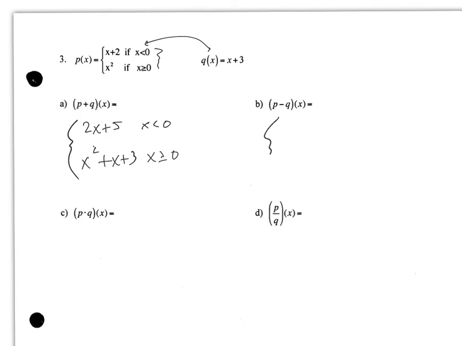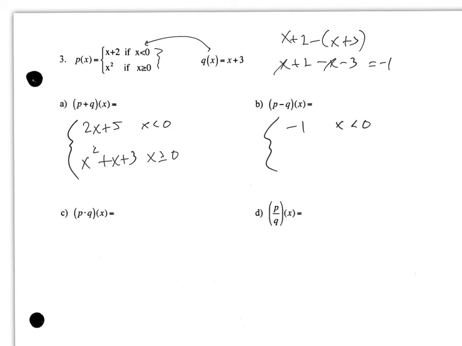Now subtracting, I'm going to go off to the side here. So we have to do x plus 2 minus x plus 3. X plus 2 minus x minus 3 ends up with just -1, which is weird. No letter, but that's okay. So this top part is going to be -1 if x is less than 0.